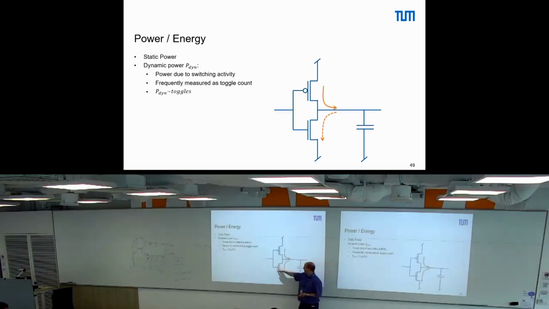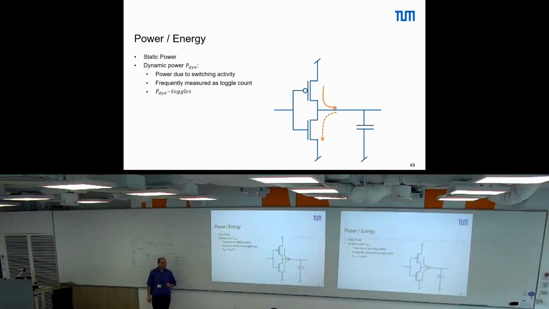So the next gate is effectively a capacitance between this gate terminal and the bulk, right? So you have to charge and discharge this specific capacitance, and discharging means you have some current flowing in, which means you have some dynamic power consumption, just by switching this capacitance. This is why this is proportional to the toggling.